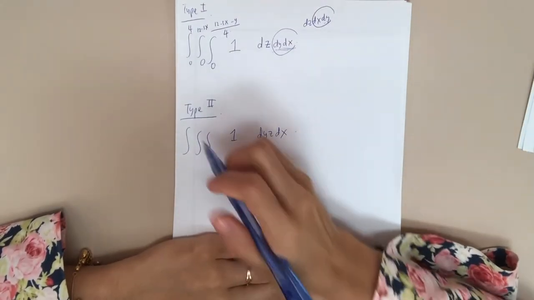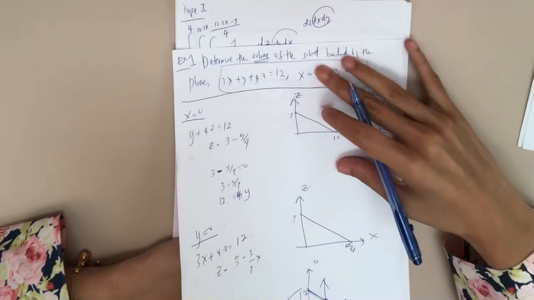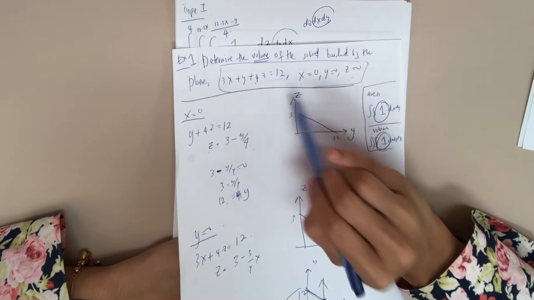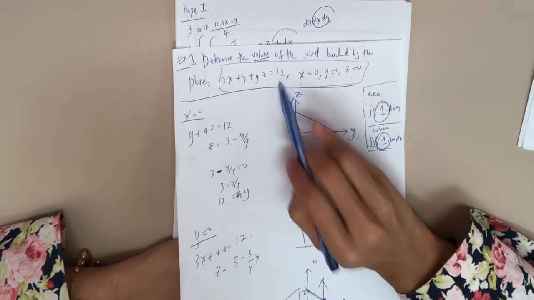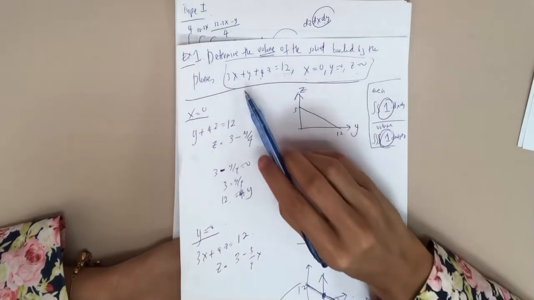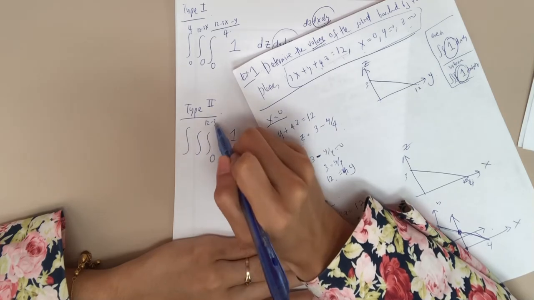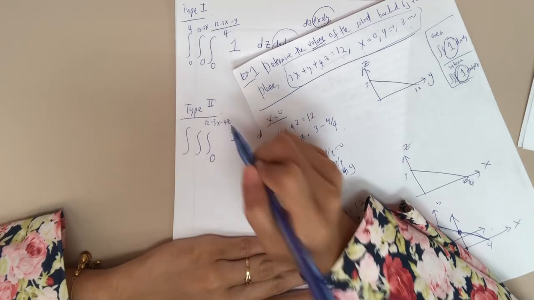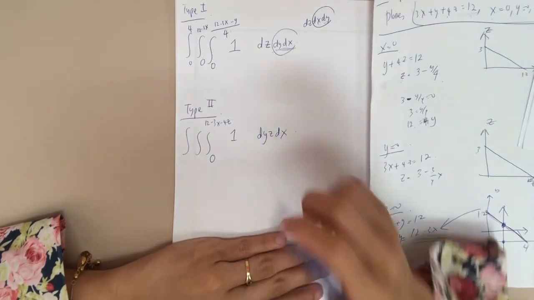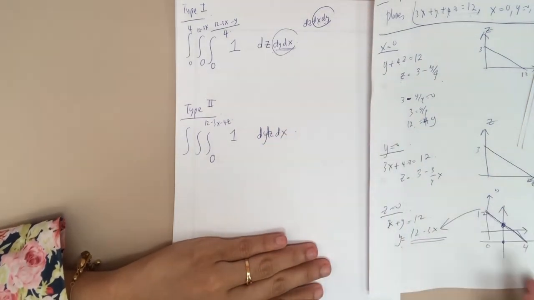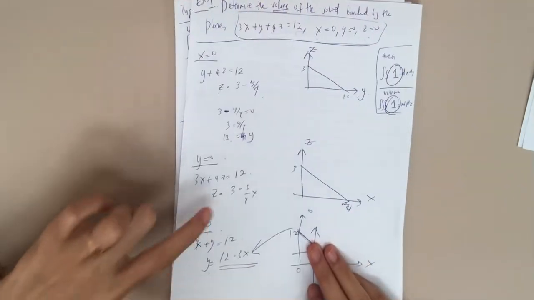So type 2, dy. Of course, we start from y, referring to a similar equation again, but now y will be your subject. So it will be 12 minus 3x minus 4z. This is the limit for y. And then how about the limit for z and x? Refer back to your graph here. zx is here.